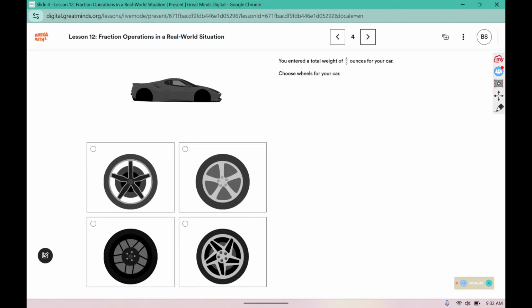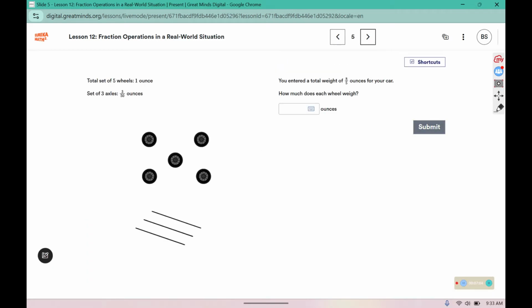You entered a total weight of 8/5 ounces for your car. Choose wheels for your car. I'm going to go with these. Total set of 5 wheels is 1 ounce, and a set of 3 axles is 3/50 ounces.